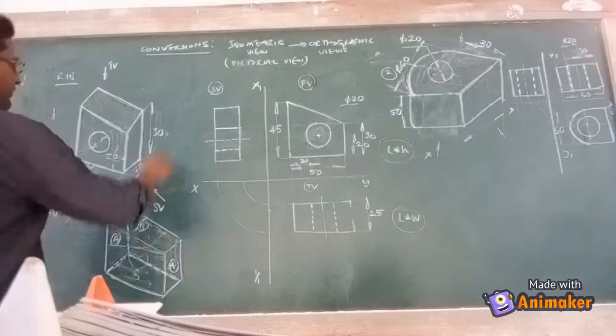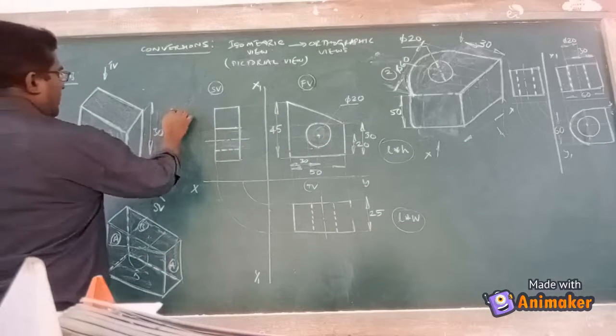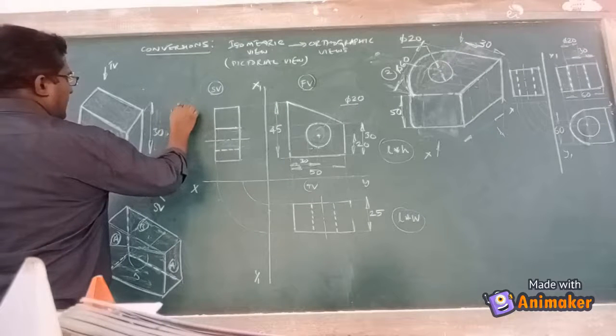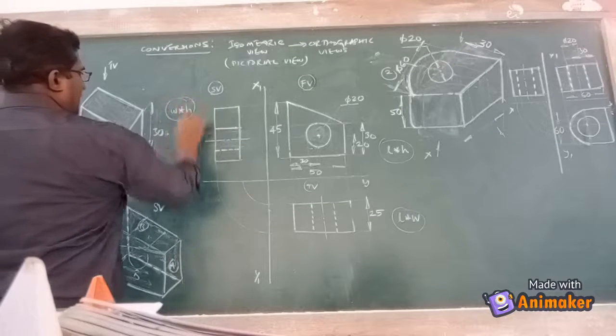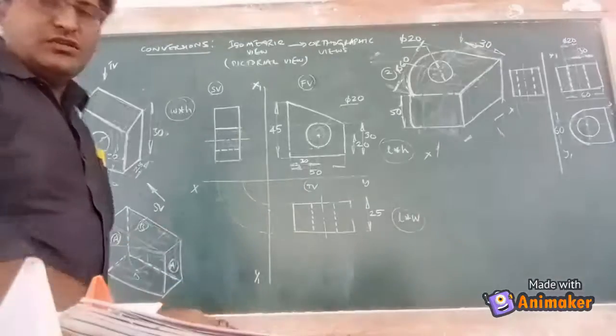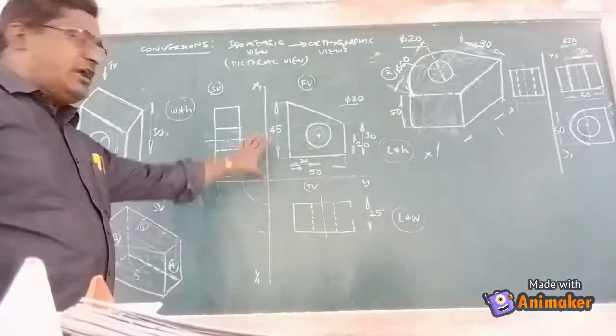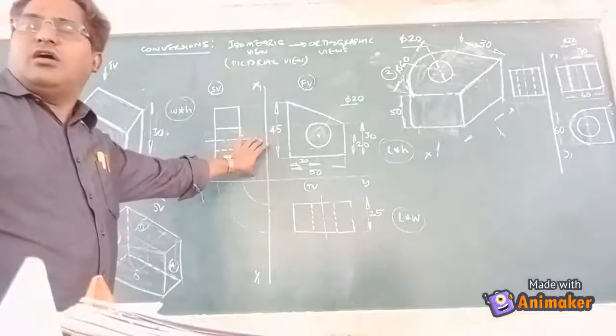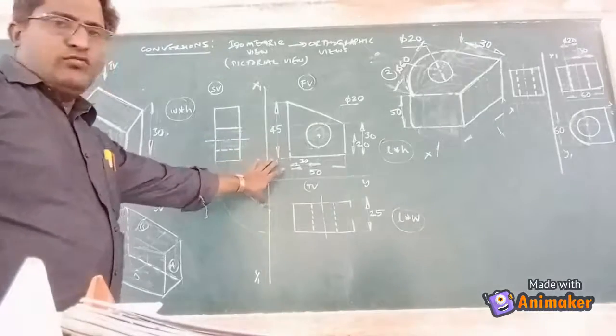When it comes to the side view, the width of the object and the height of the object are the dimensions. So these three dimensions, that is your length, width and height pertaining to the object, have to be known for us.